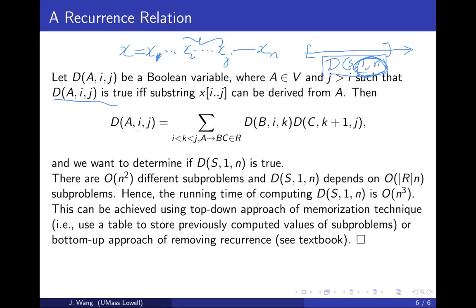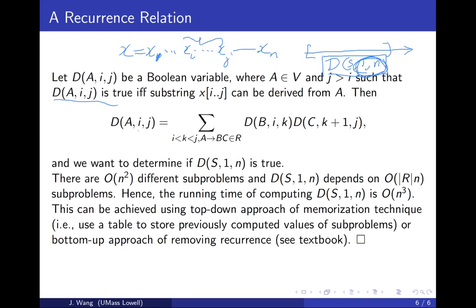Now using memorization means that I'm going to start from the bottom, even though I have a recursive call, because with a recursive call you have to keep on going until you see the boundary condition, then you work your way back. This is called backtracking.